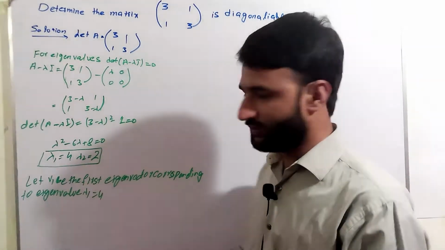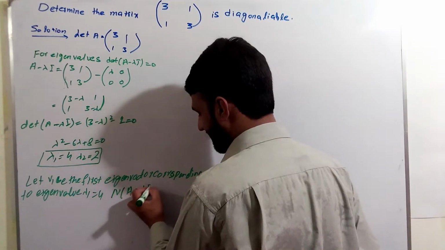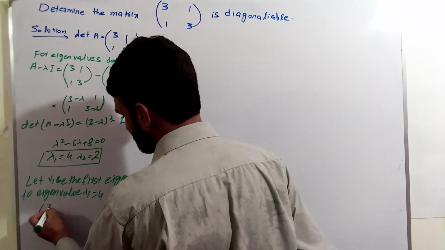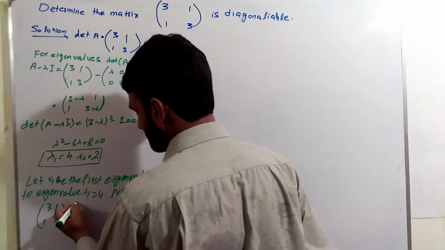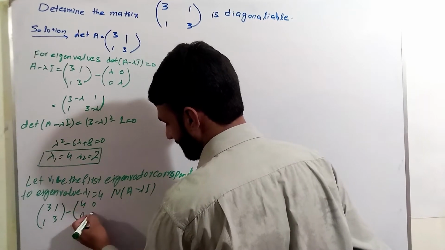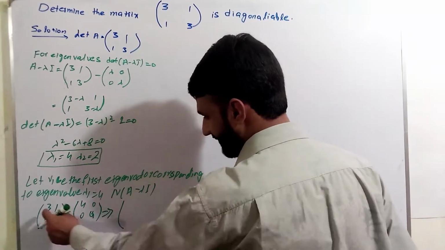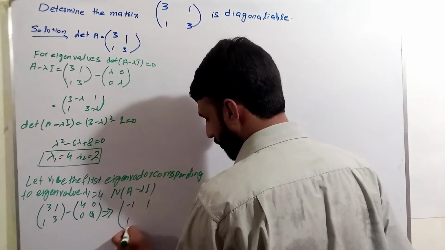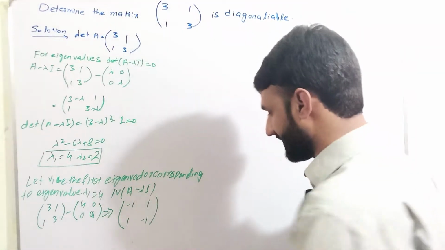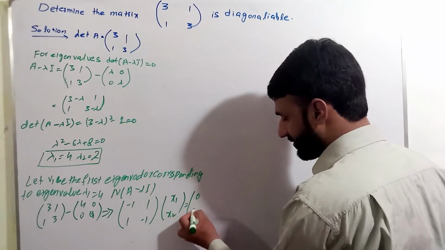If lambda 1 is equal to 4, we write the equation A minus lambda I. Putting in the values, we obtain [3, 1; 1, 3] minus [4, 0; 0, 4]. If we solve these values, we obtain [minus 1, 1; 1, minus 1]. So we have the matrix equation (A minus lambda I) times [x1; x2] equal to [0; 0].